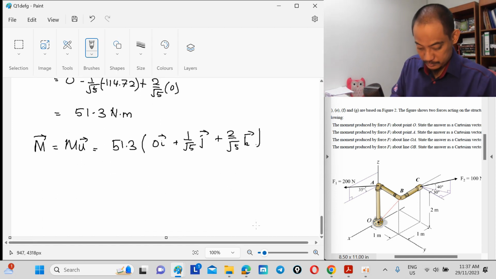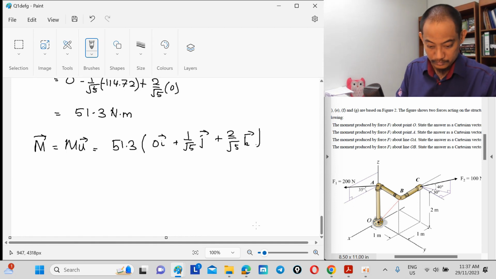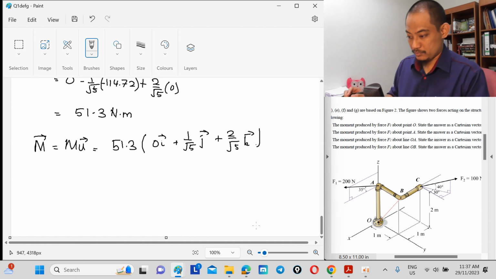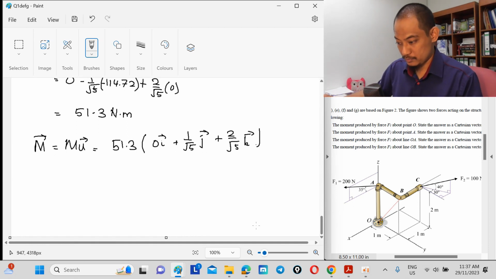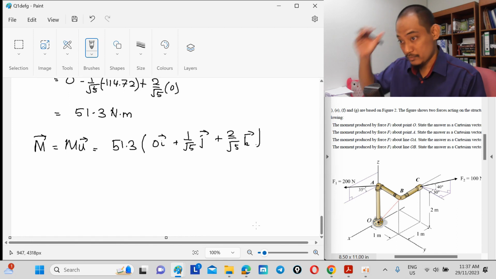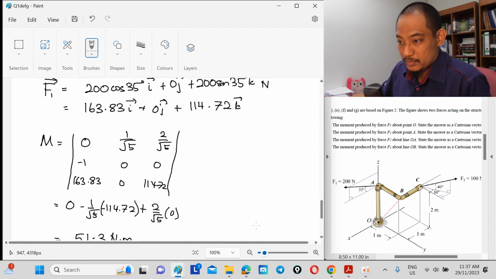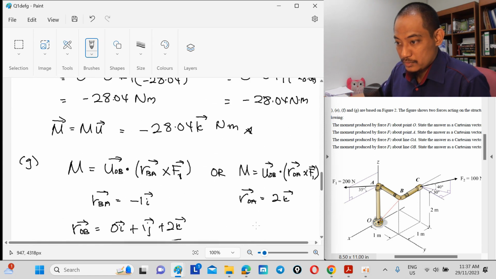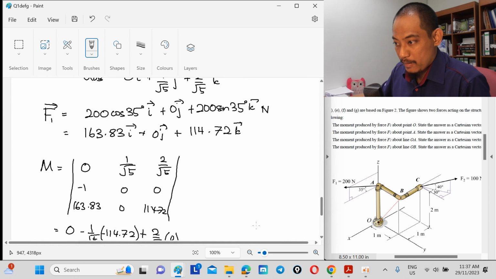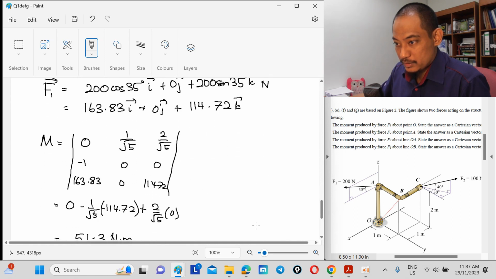And it becomes, okay, is this correct? My brain is so slow. Okay, let's calculate the other one first. My brain is not really sure what is happening already.